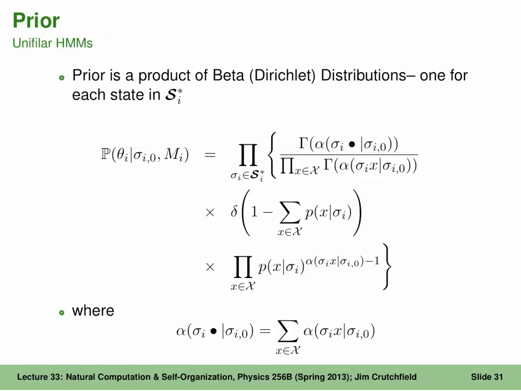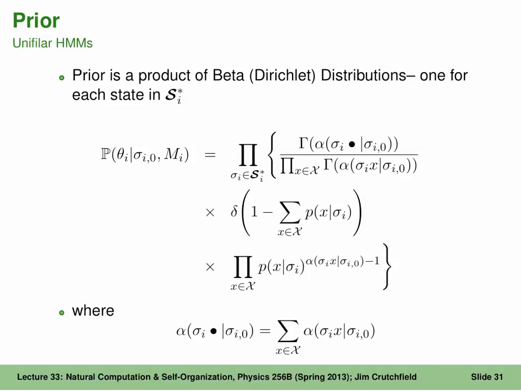And so now we have the prior. This is part of the motivation of doing the simple biased coin. If you take away this product, I end up with something that just looks like the beta or Dirichlet distribution for the fair coin. But now I have a product for each of the S star states, the ones that have more than one outgoing edge. The fact that these are just products reflects that there's independence conditioned on these states.